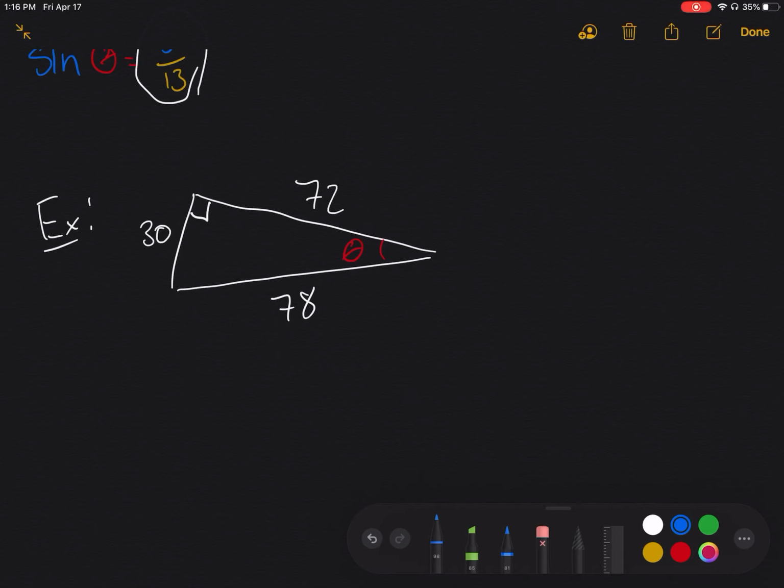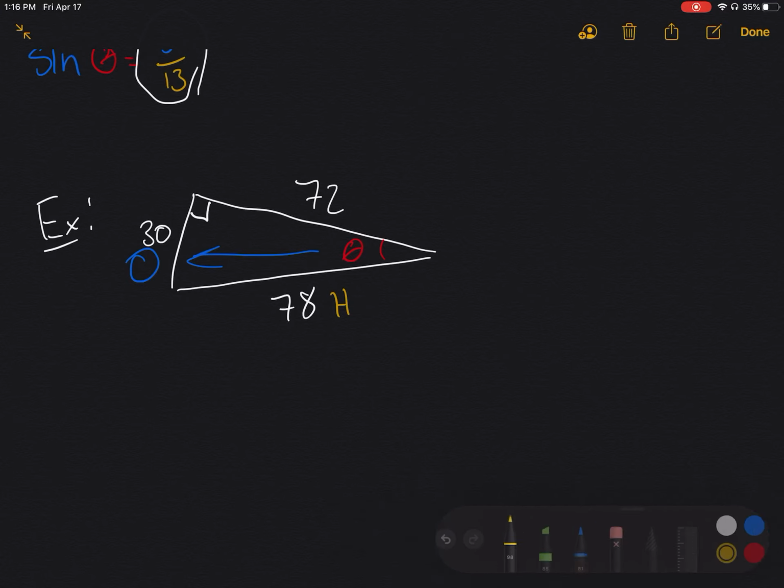So I've got the opposite side. I've got my longest side, which is the hypotenuse. That's 78, longer than the other two sides. And my adjacent side, which is 72 there. The legs, the opposite and the adjacent, it doesn't matter which one's longer. All that really matters is location, but you can always tell the hypotenuse because it is the longest side length.